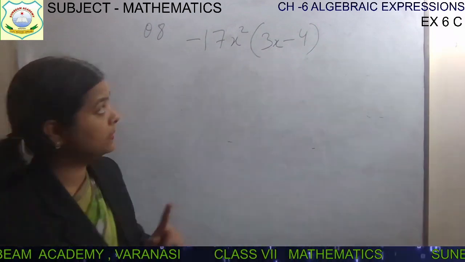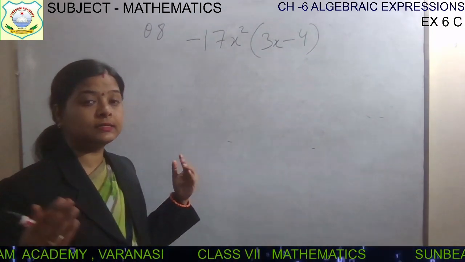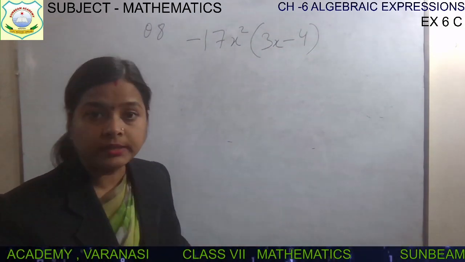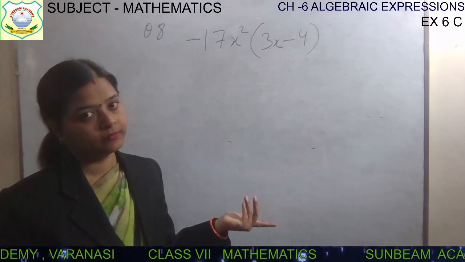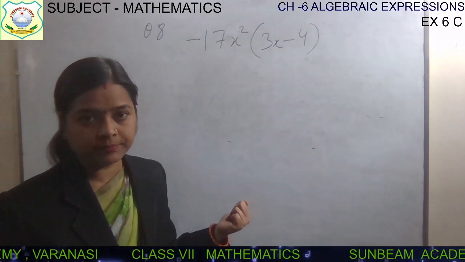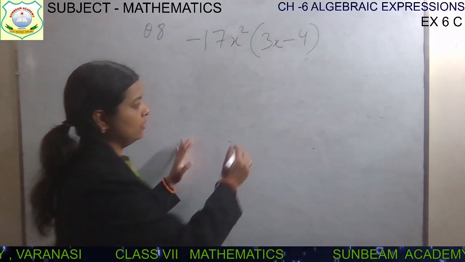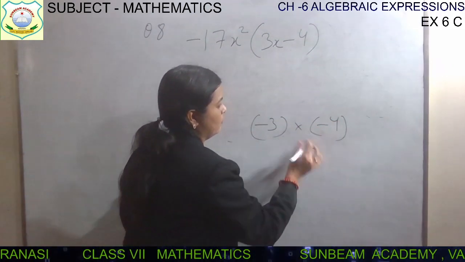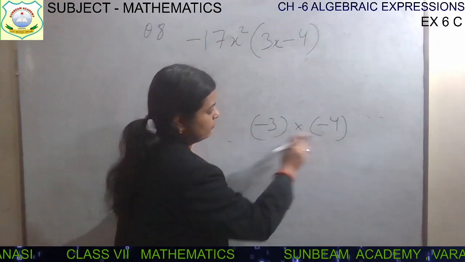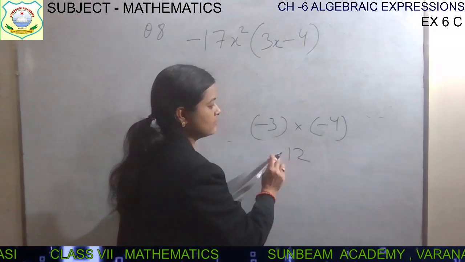What is the concept here? If you multiply the same sign, positive will come. If you multiply different signs, negative will come. Have you remembered the integer chapter? If you are multiplying two numbers having the same sign, what will be the answer? 3 fours are 12. Minus minus will become plus.